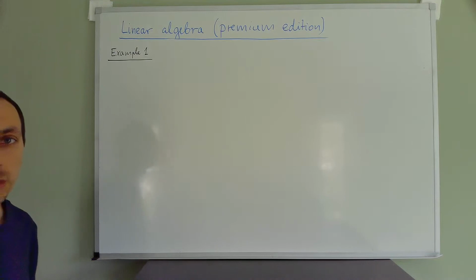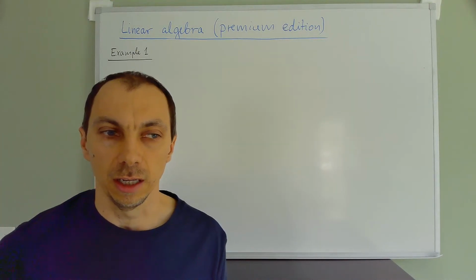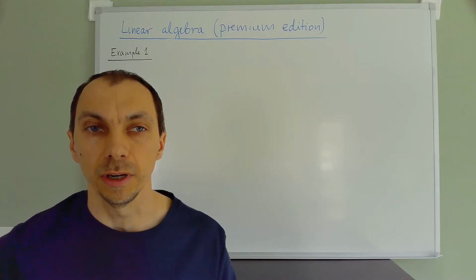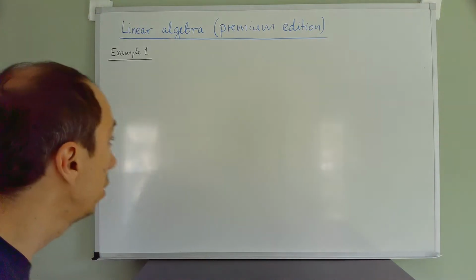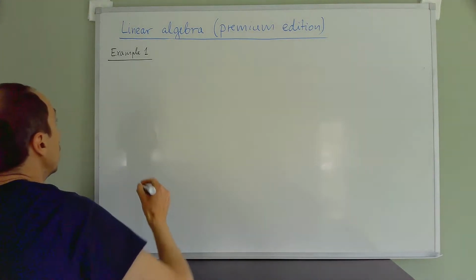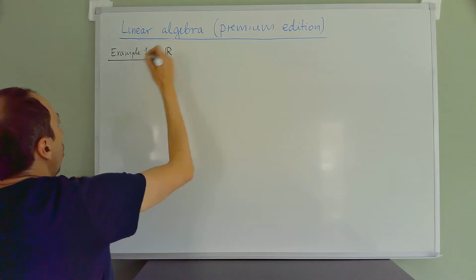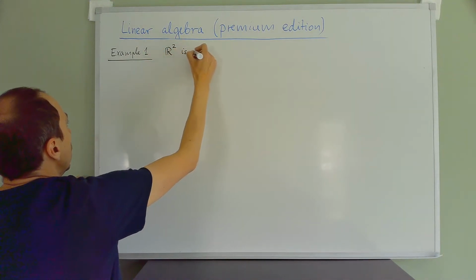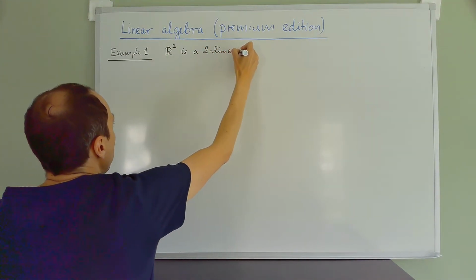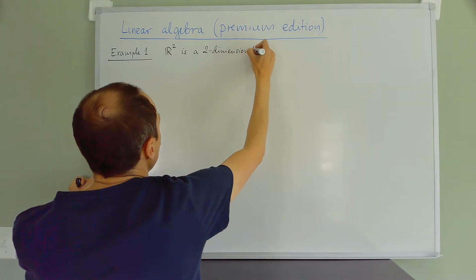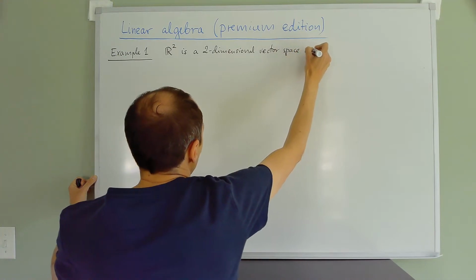Okay, but let's start with a standard example over the real numbers so that you can connect these notions that we develop here with the ones that you already know. So R2 is a two-dimensional vector space over R.